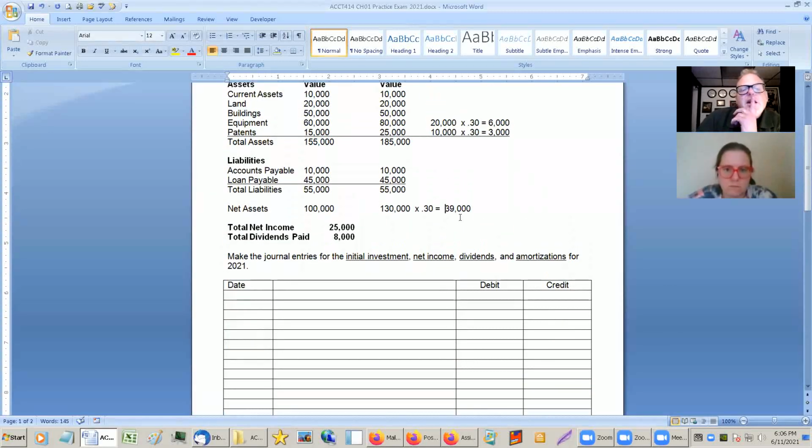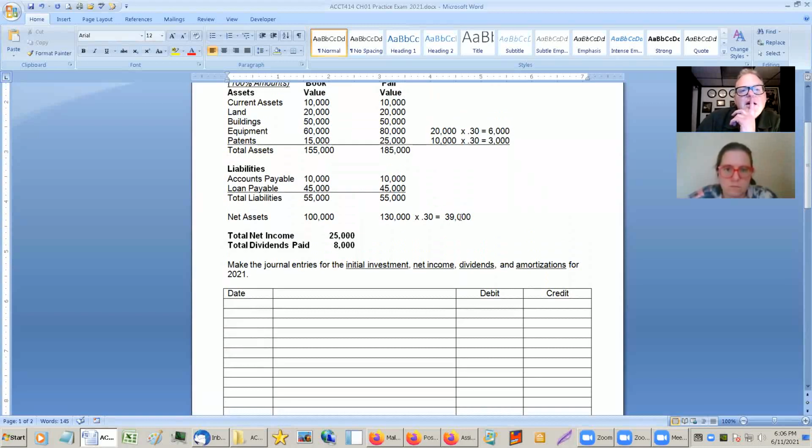And so they should have had... Yeah. So the book value of their investment was 30,000, 30%. These two add up to 9,000.